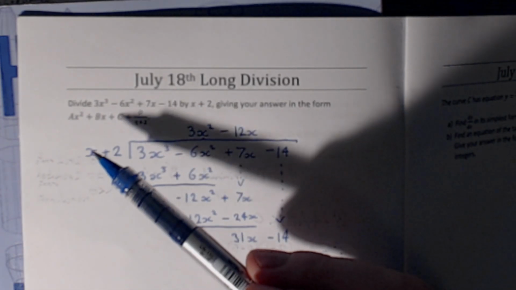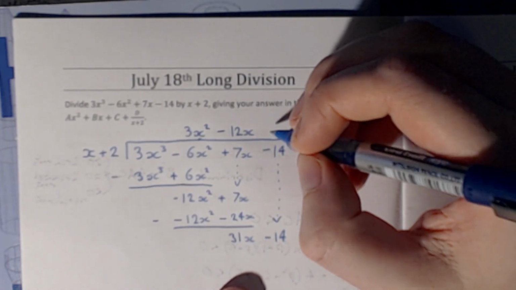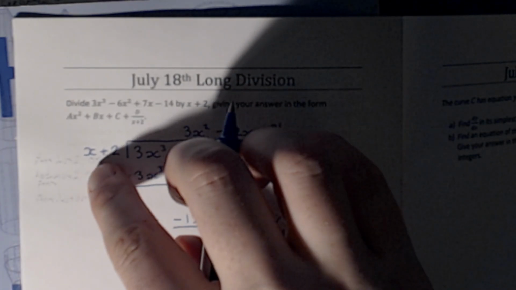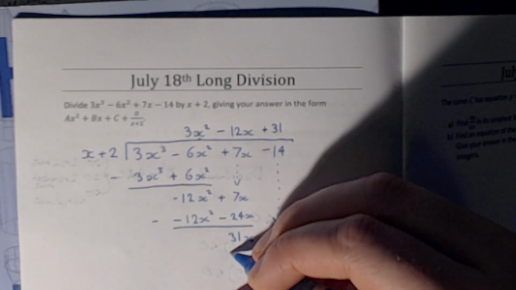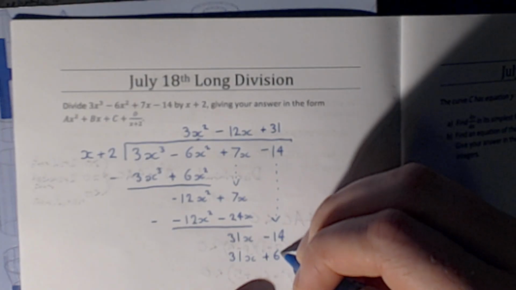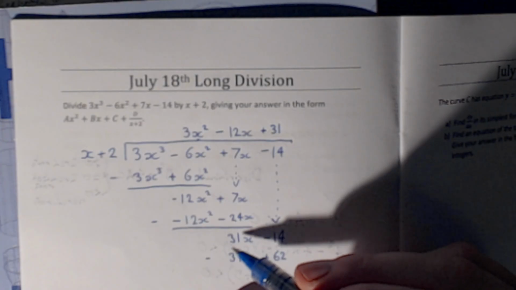So we're going to look at how many x's go into 31x, and that is just 31. Multiplying through again, we get 31x plus 62. And we're going to subtract that entire line off this one.